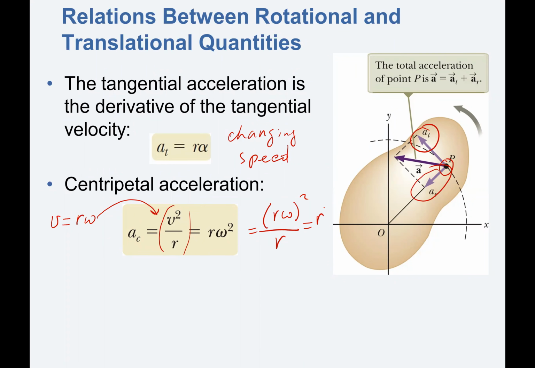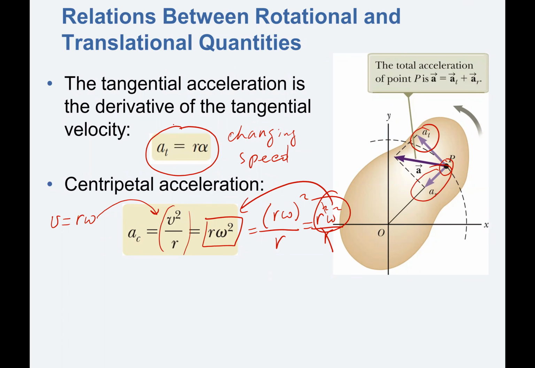So this becomes r squared omega squared divided by r, and I can cancel r and r squared, and we end up with that equation. So whatever is left is that equation. That means you have two equations for the centripetal acceleration. One you can calculate in terms of linear speed, the other in terms of angular speed. You're going to get the same answer, depending on which one you want to use.